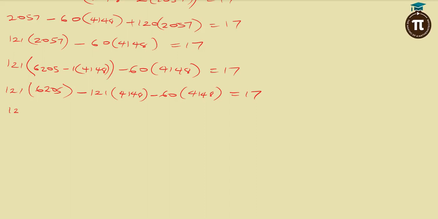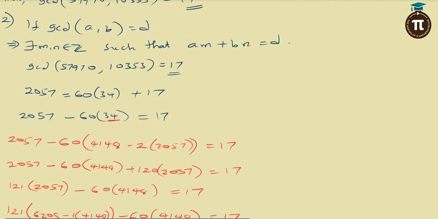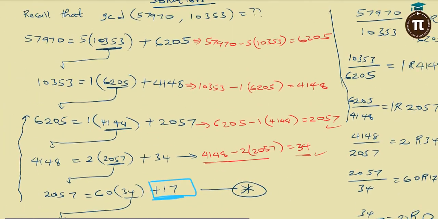So we have 121 times 6205, minus 121 minus 60 will give me minus 181 times 4148 is equal to 17. So when I get to this place, I will go to the next remainder again. So the next remainder that I made subject is 4148.